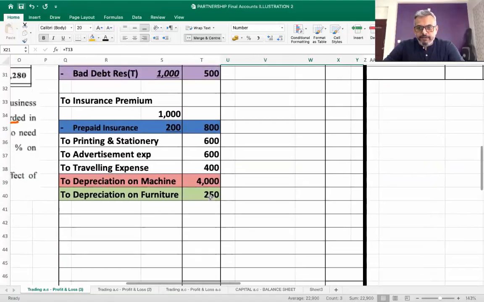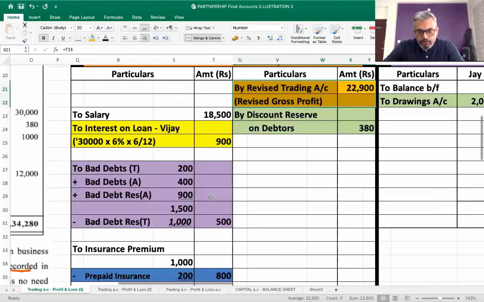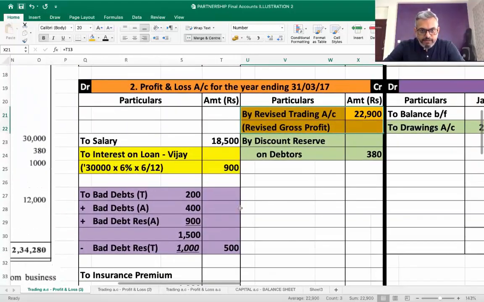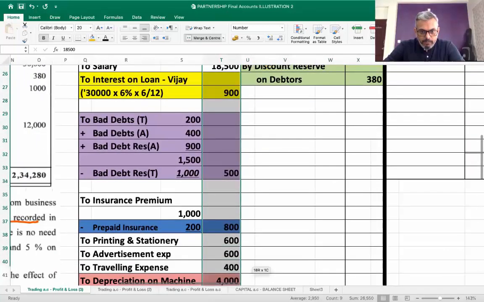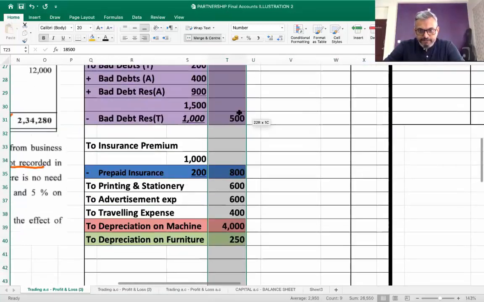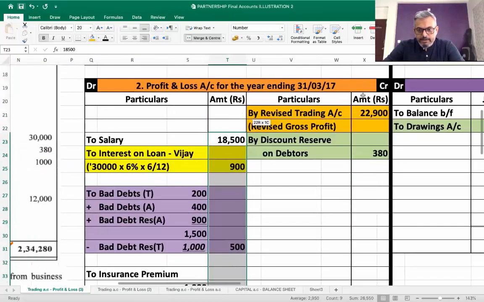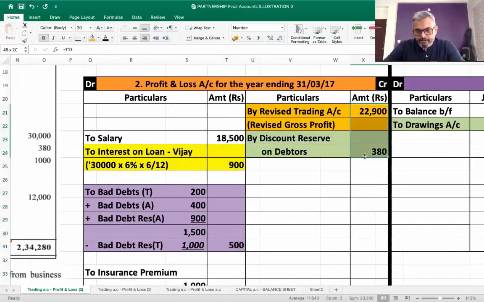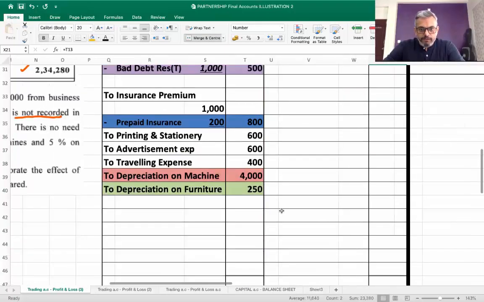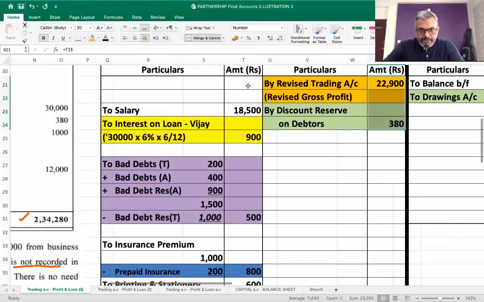Now let's see whether we are getting profit or loss. So let's check out which side is more. Debit side is 26,550 and credit side is 23,280. So debit side is more. So we have to do the total of debit side first.